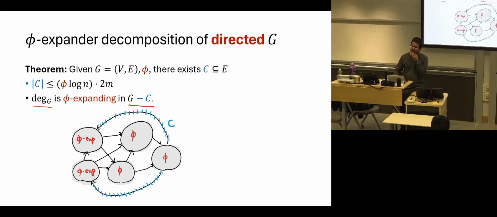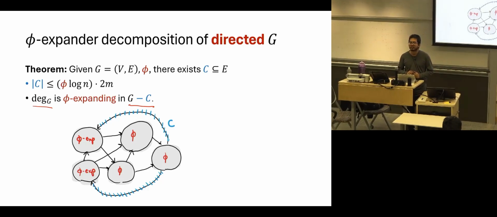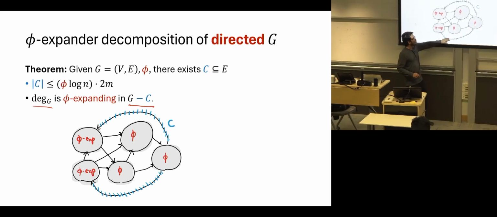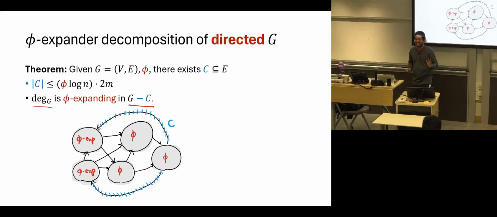Basically, we want to turn the original graph into a DAG of connected expanders. Intuitively, we want to remove a few edges that make up a cycle. Try to remove few edges so that you get a DAG of expanders.